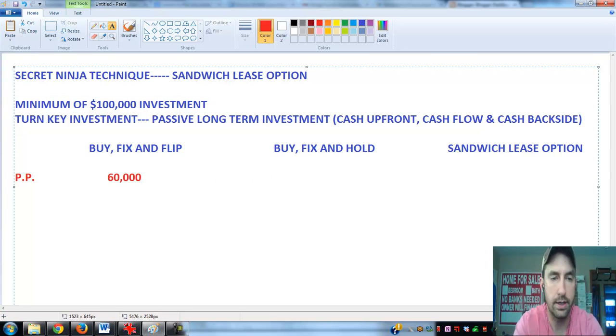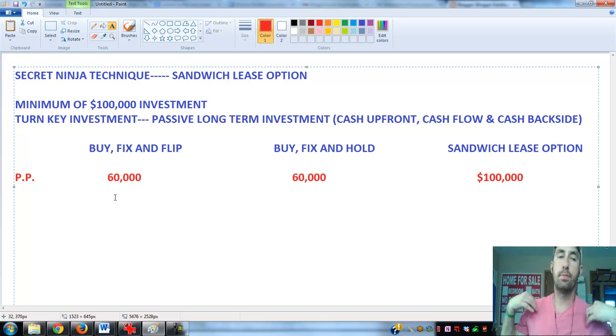But I want to compare what these two examples are going to be, $100,000 or $60,000, and then $100,000. I want to compare the difference between all of these and give you an idea what some of the expectations are going to be and which one's going to be the best fit.